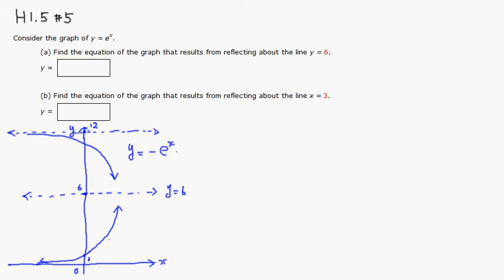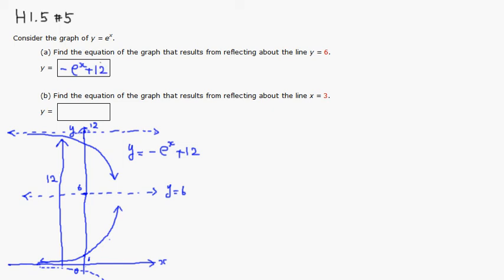So we have to add 12 to get to this position, because if you reflect it, it's going to be outside of the frame. Then you have to shift up 12 units. So the formula is going to be negative e to the x plus 12.